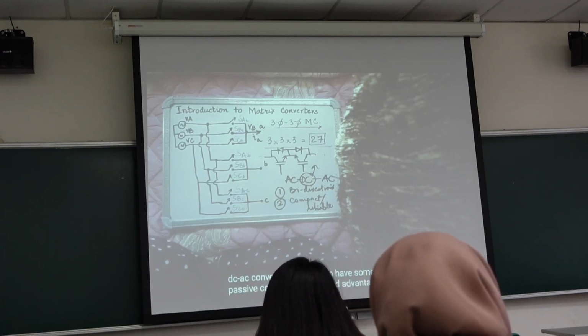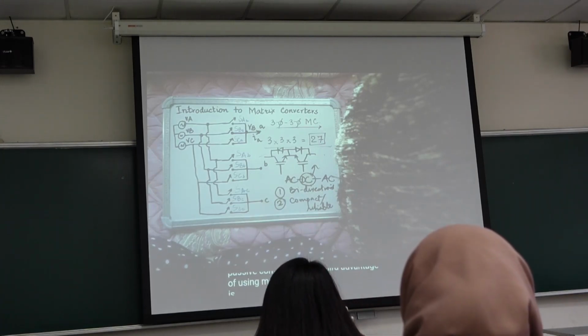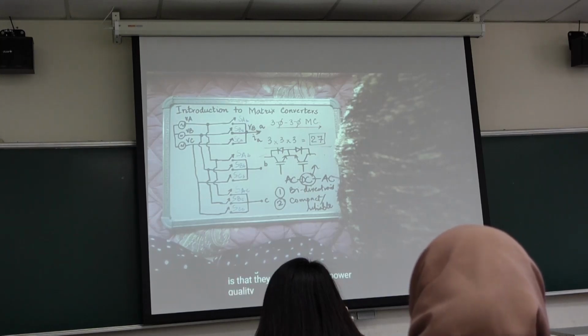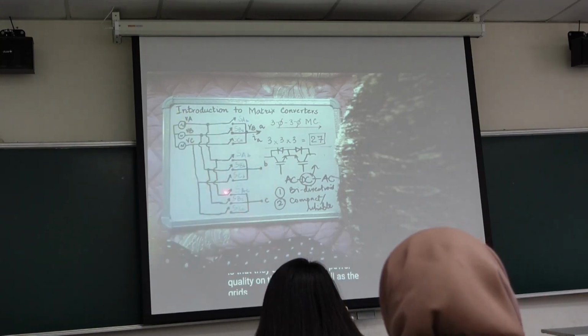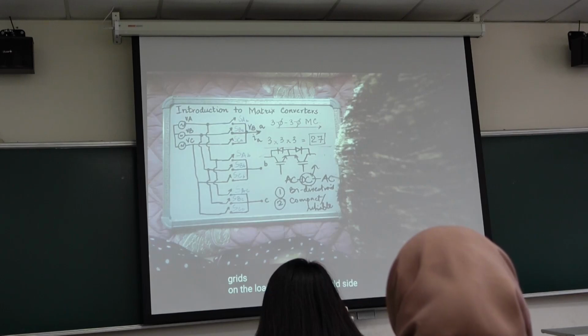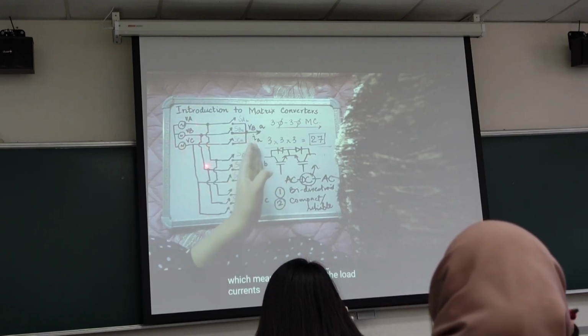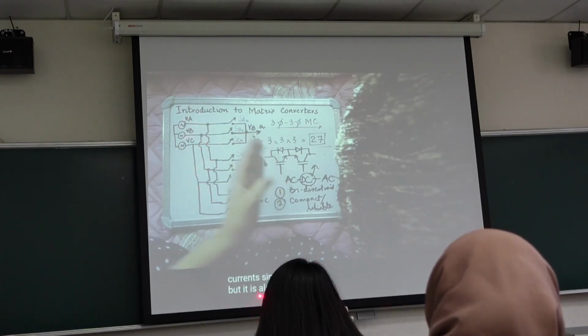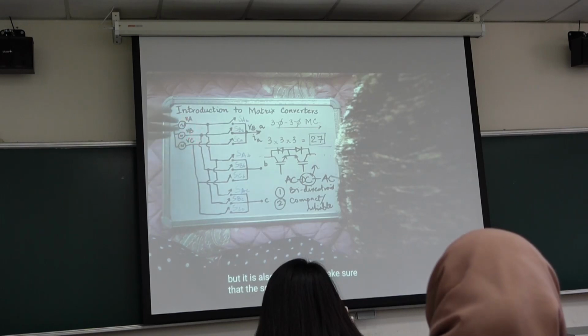The third advantage of using matrix converters is that they offer improved power quality on the source as well as the load side, which means not only the power factor but also the harmonics. The input source currents you draw from the grid are also sinusoidal in nature.